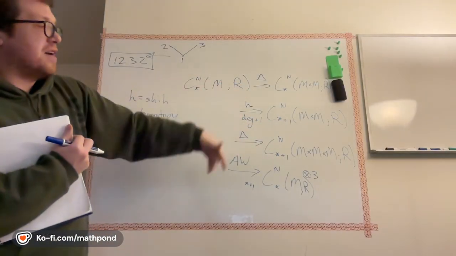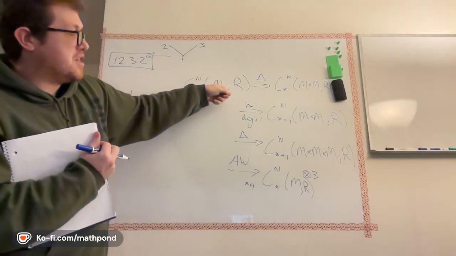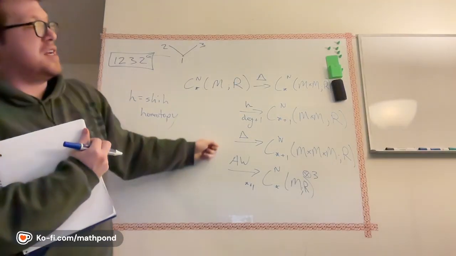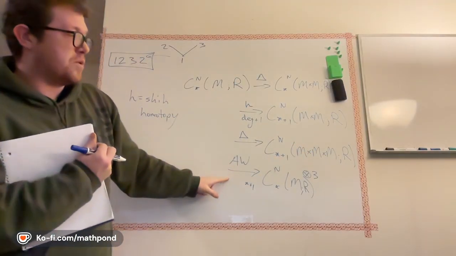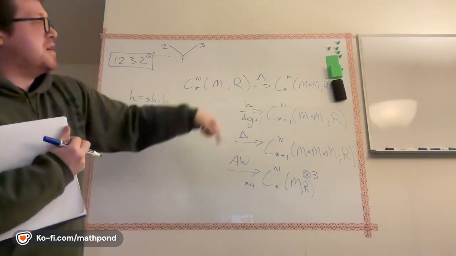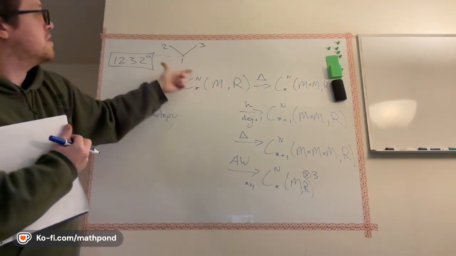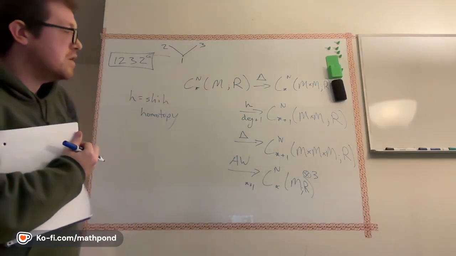And if you need a higher degree correction term, you're going to apply a delta, a Xi correction, another delta, another Xi correction, and then another delta, and then Alexander-Whitney. The larger the tree is, the more deltas there are going to be. So every time you're going to have n minus 1 deltas if you have n points.